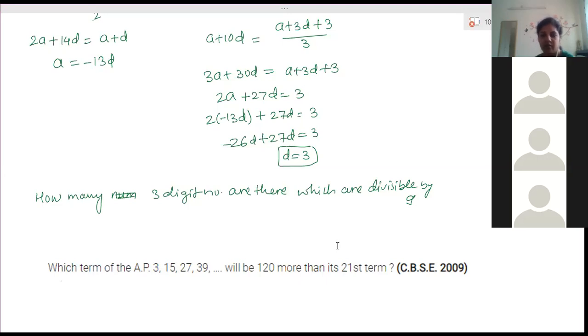Which term of the AP will be 120 more than its 21st term? Ma'am, is the answer 31? Yes, the 31st one.